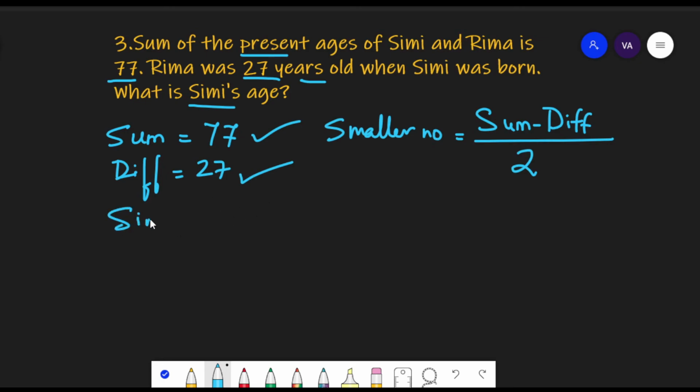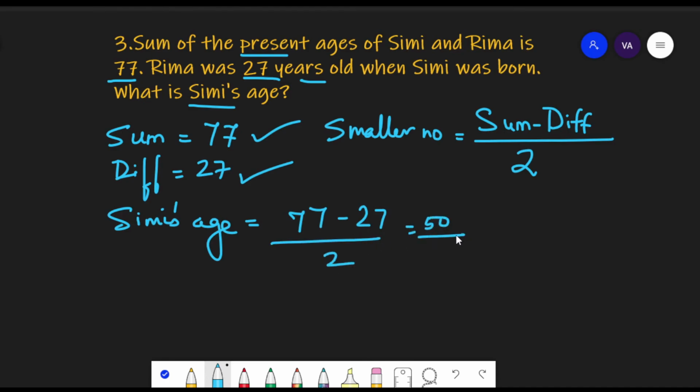Therefore Simi's age will be, what is the sum? 77, difference is 27, divided by 2. So it is 50 by 2, which is 25. So the present age of Simi is 25, which is what they have asked.